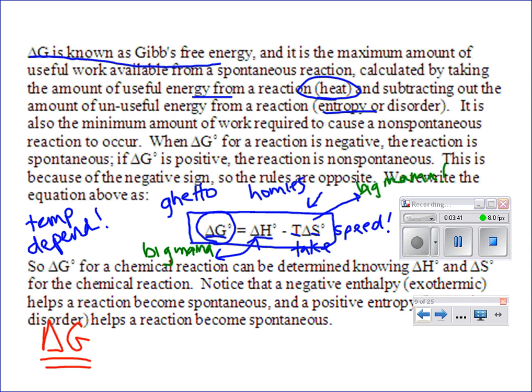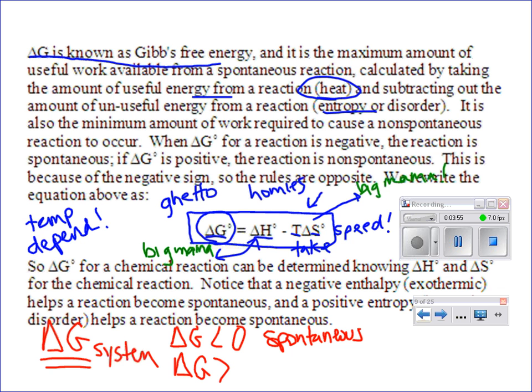With delta G, you just take delta G of the system, and if it's less than 0, it's spontaneous. If delta G is greater than 0, it's non-spontaneous. We say in the forward direction, but we'll get to that. So kind of the goal of most of the problems with Gibbs free energy is to talk about spontaneity.